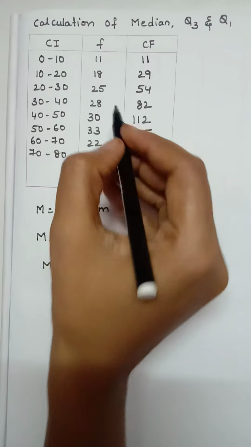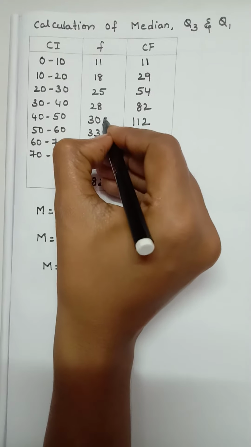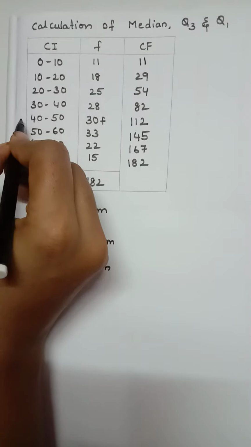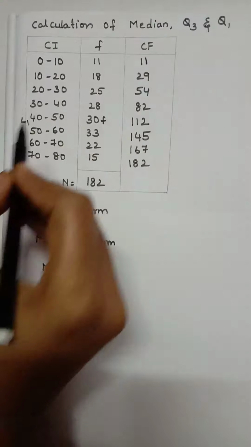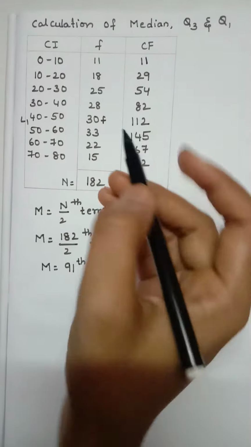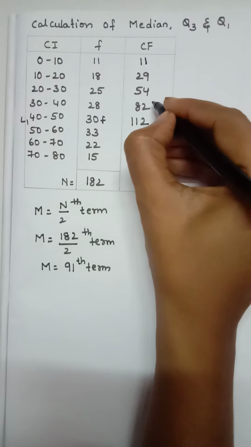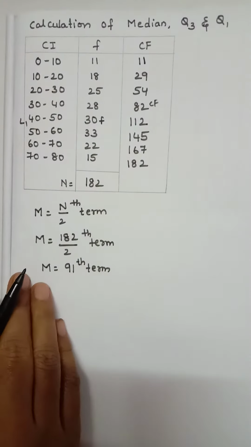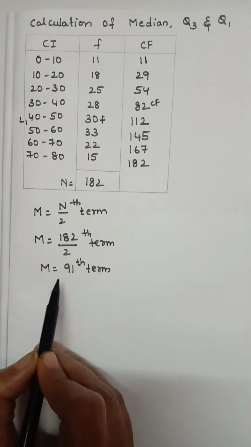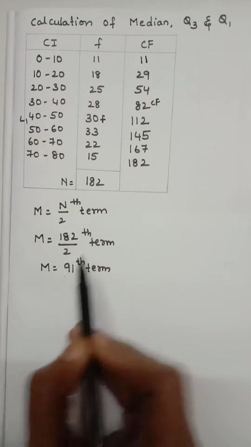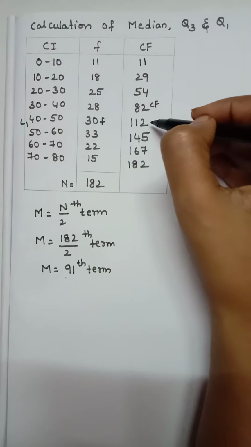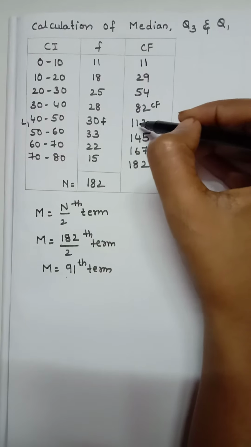So here the frequency becomes 30, L1 becomes 40. The median lies between 40 to 50, and the cumulative frequency above becomes CF for the median. Once again, I'll repeat: 91 lies in 112.